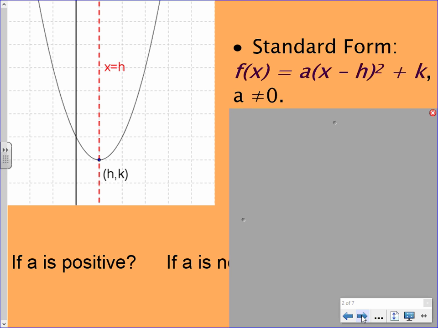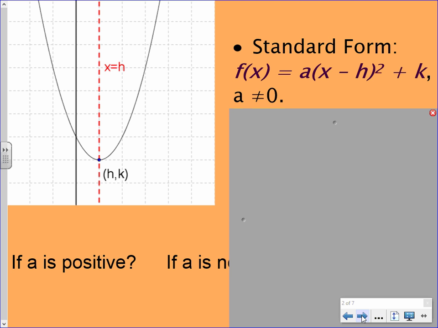Well, when we get to the end of second semester and we talk about conic sections, then this is going to be more like our standard form. We're going to adjust it a little bit, but this book calls this standard form, and I'm not really sure why. Ms. Krunke and I discussed what we were going to call it, but to be in line with the book, we're going to call it standard form. If you call it vertex form, I'm okay with that.